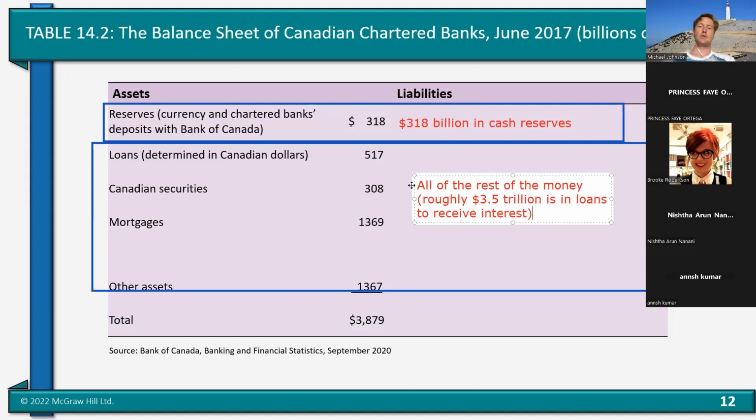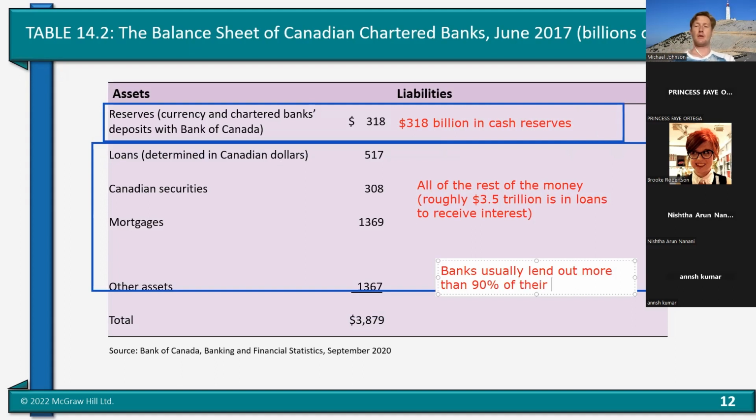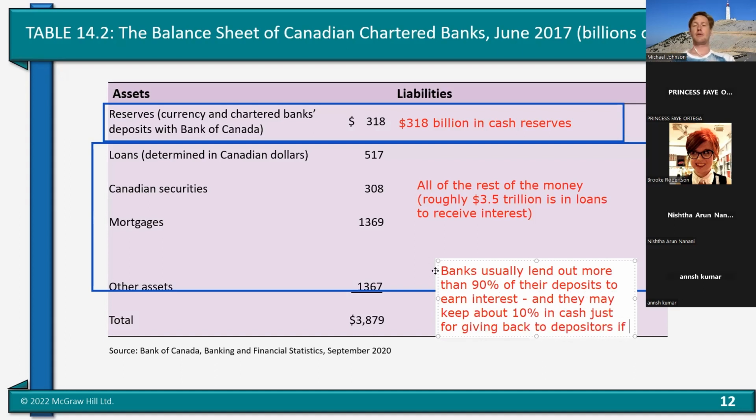So banks usually lend out more than 90% of their deposits to earn interest, and they may keep about 10% in cash just for funding deposits, just for giving back to depositors if they need their money, or if the bank needs cash to support itself.